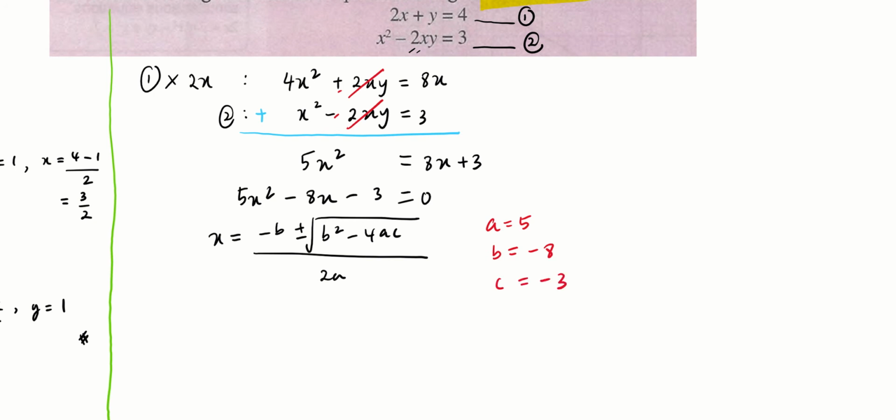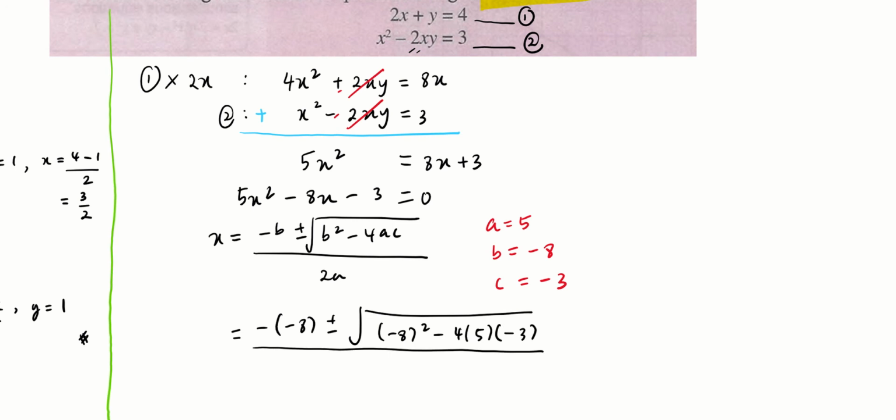Let's substitute into the formula. -(-8) plus minus square root of (-8) squared minus 4 multiplied by 5 multiplied by -3, all over the denominator of 2 multiplied by 5.